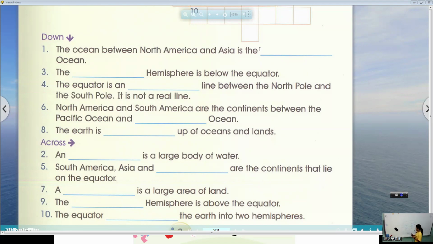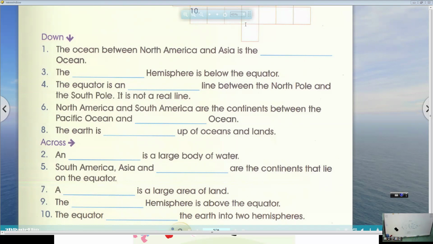Okay, and we will look. This is Arctic. This is Atlantic. Here is Pacific. Here is Indian. Here is Antarctic.